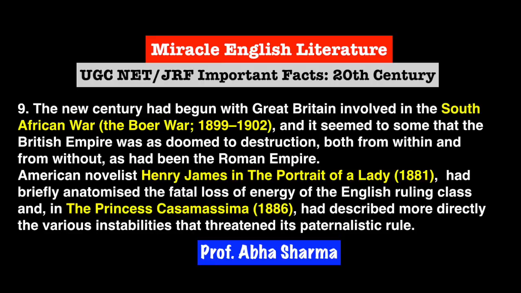Yes, in the new century, that is the 20th century, Britain was losing its hold on the colonies. So, American novelist Henry James, in The Portrait of a Lady, had briefly anatomized the fatal loss of energy of the English ruling class, and in The Princess Casamassima had described more directly the various instabilities that threatened its paternalistic rule.